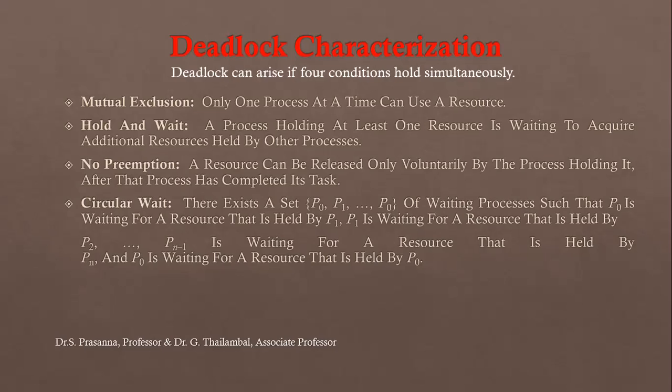No preemption: a resource can be released only voluntarily by the process holding it, after the process has completed its task. And circular wait: there exists a set of waiting processes P0, P1, up to Pn, such that P0 is waiting for a resource held by P1, P1 is waiting for a resource held by P2, and Pn minus 1 is waiting for a resource held by Pn, and Pn is waiting for a resource held by P0.